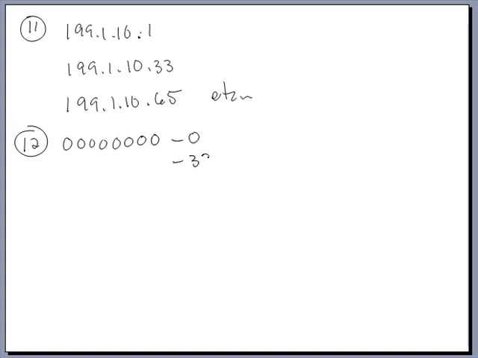And then I have a 32 is next. And my 32 is going to be 0, 0, 1, and then 5 zeros. Then I have a 64, which is 0, 1, 0, and 5 zeros.